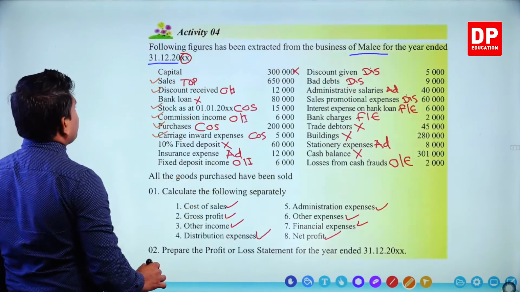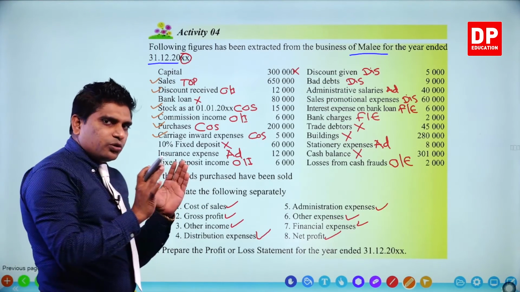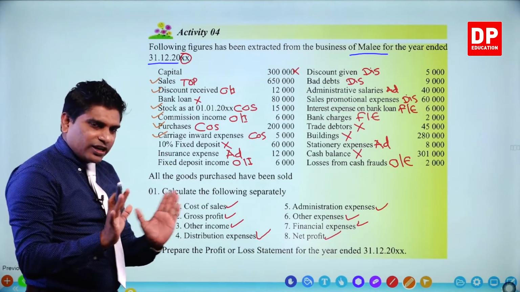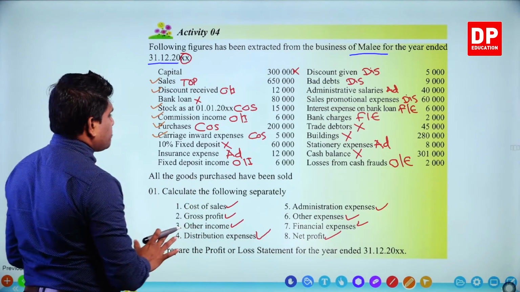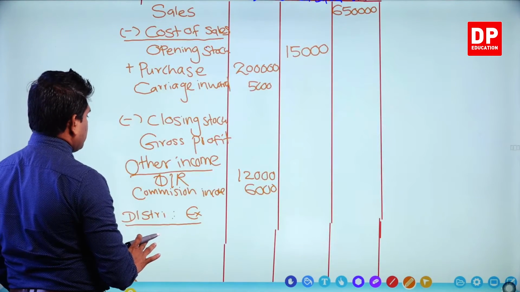Then next one, 10% fixed deposit is an asset, so you don't take it. Asset we don't take. Insurance expense 12,000.